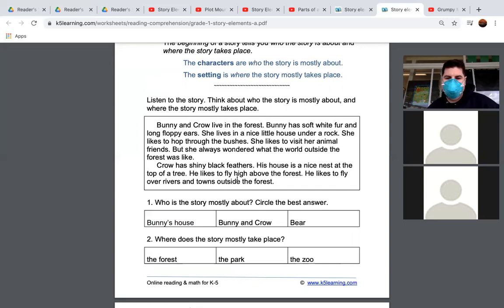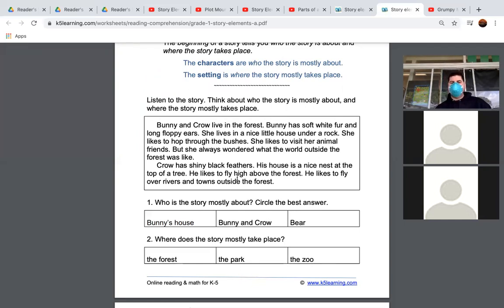She likes to hop through bushes. She likes to visit her animal friends, but she wondered what the world outside the forest was like. Crow has shiny black feathers. His house is a nice nest at the top of a tree. He likes to fly above the forest. He likes to fly over rivers, towns, and outside the forest.